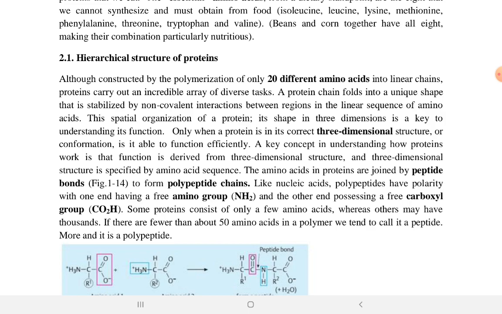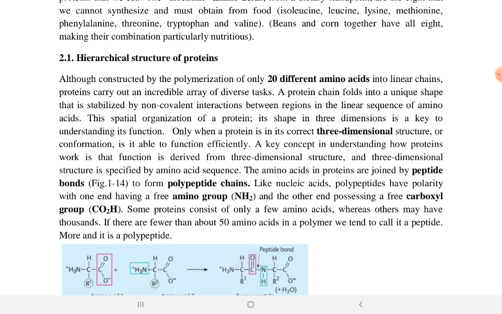Polypeptides have polarity, with one end having a free amino group and the other end possessing a free carboxylic group. Some proteins consist of only a few amino acids, whereas others may have thousands. Fewer than about 50 amino acids in a polymer, we tend to call a peptide, and more than that, a polypeptide.